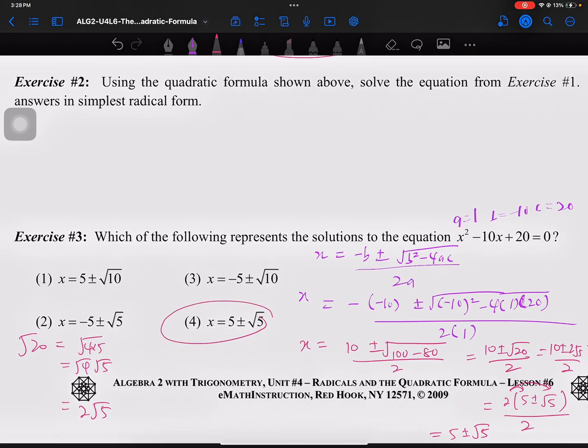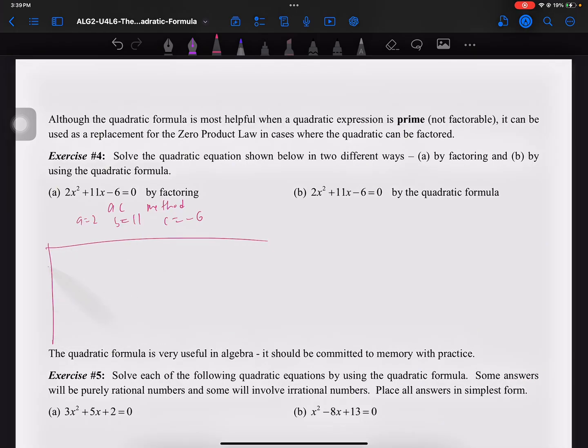Now the answer is in the AC method, a times c. AC is 2 times negative 6, which is negative 12. The factors to get negative 12 are 1 times negative 12, 2 times 6, and so on.